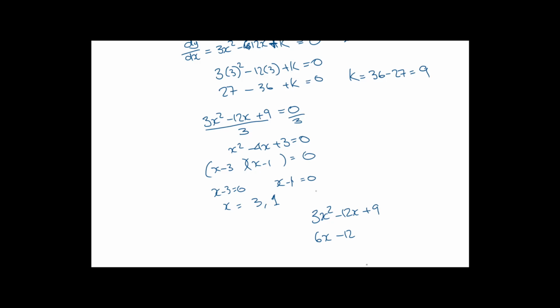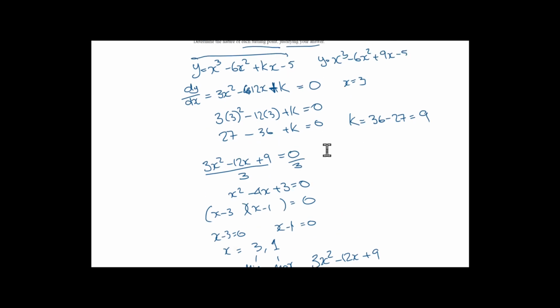And we're going to put in 3 and put in 1. When we put in the 3, 6 times 3 is 18, minus 12 is greater than 0. So therefore that's a minima. And 6 times 1 is 6, minus 12 is a number which is less than 0. So that's going to be a maxima.